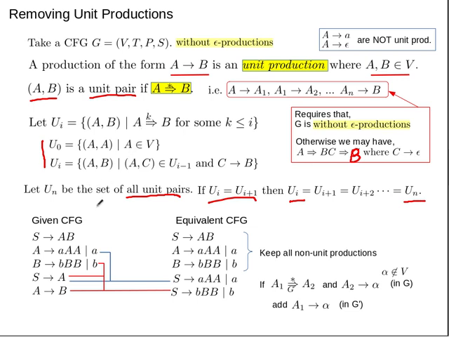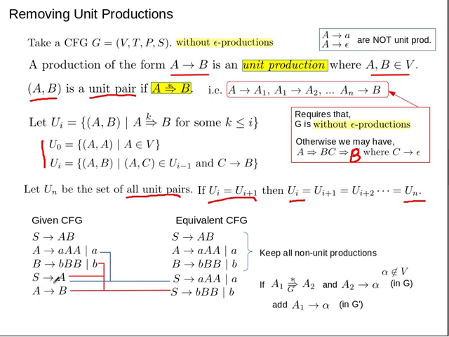Now, what are the unit productions here, and what are the unit pairs here? You see that here is a unit production. So SA and AB, those are unit pairs, right?